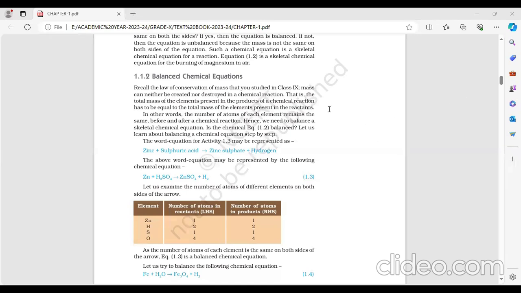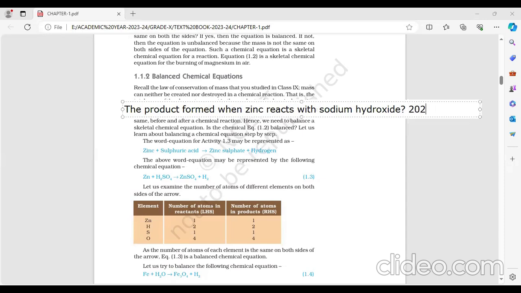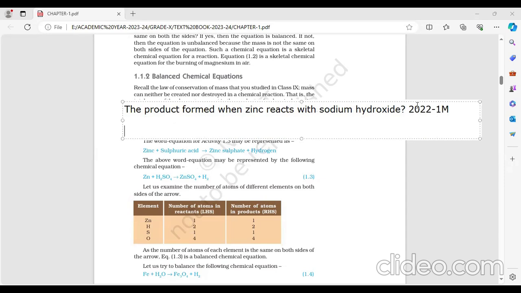I'll write the question, and you try to solve it. The question is: what are the products formed when zinc reacts with sodium hydroxide? This was a 1 mark question.